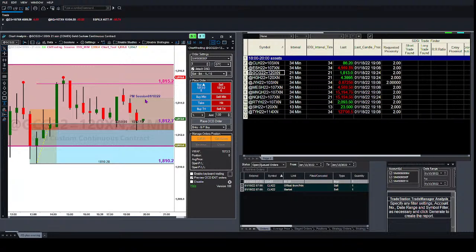Are any of you guys using this session tool? Yeah, I use it just to mark the Globex and regular time. Yep, indeed, it's pretty handy.